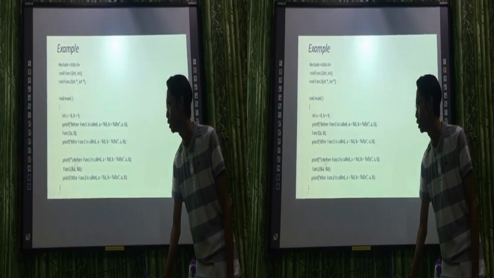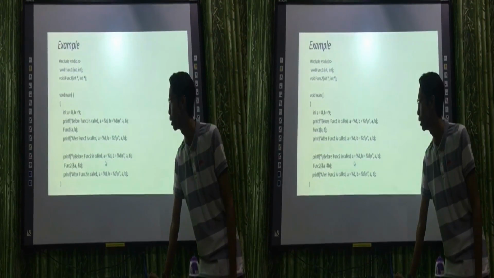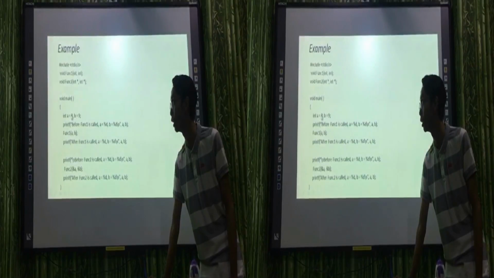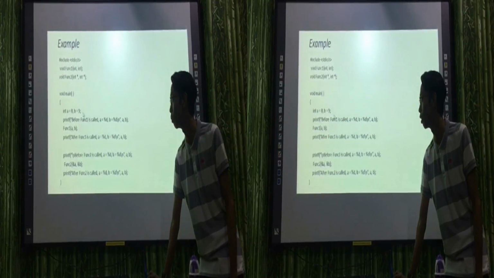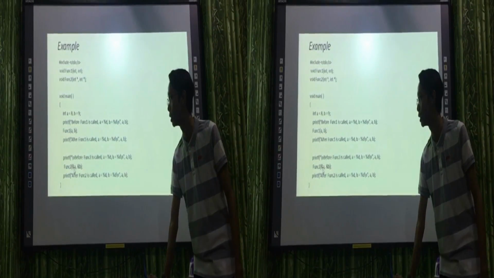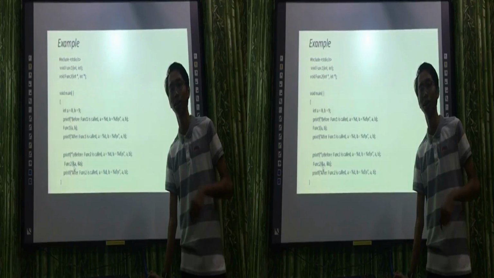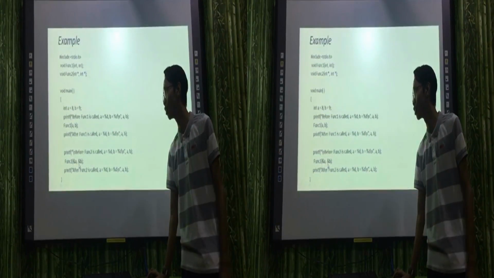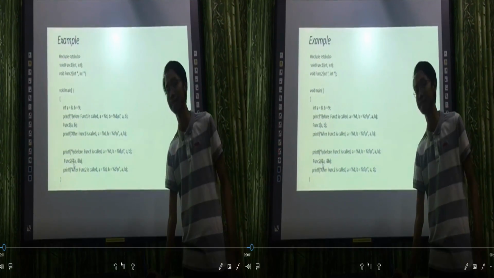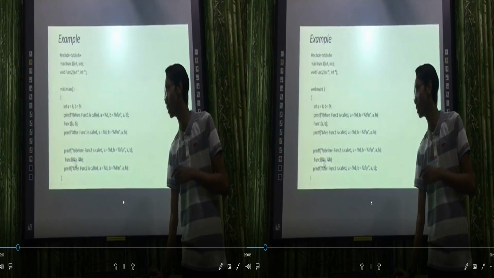For the next one, printf before function 2 is called, A will recall back the 8 and B will recall back the 9. Function 2, as we can see here, has an & sign, which we call the address, and also for B it has an & sign, which is the address.